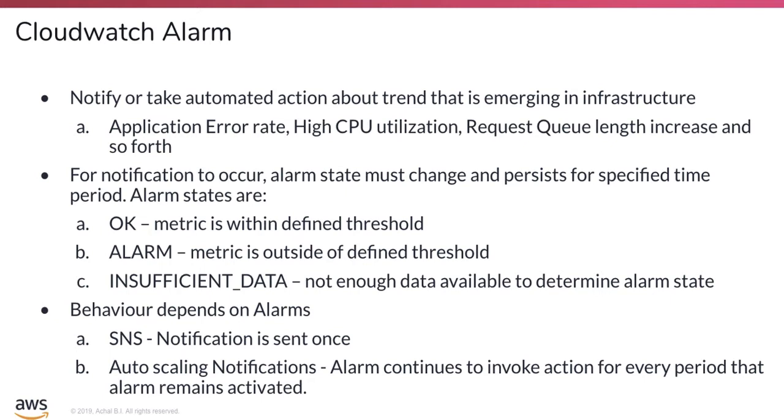If the target is an auto scaling group, the alarm can continue to invoke the action we have set for a specific period of time, and that alarm will remain activated for that specific period. So the alarm's behavior is different for different kinds of target service.